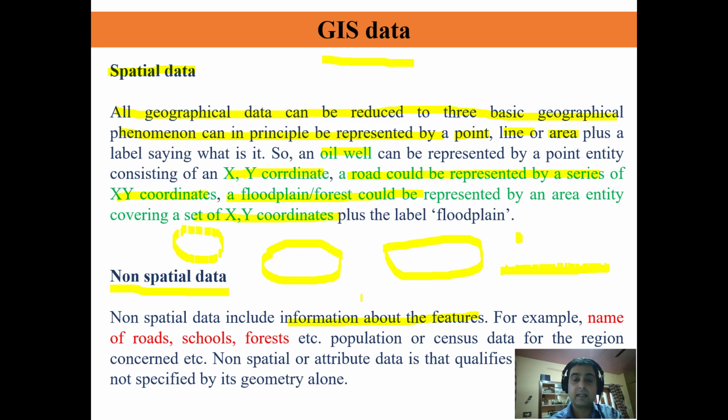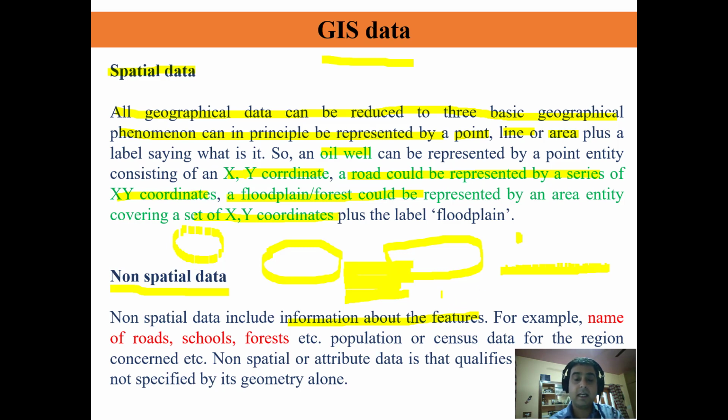Its non-spatial data can be what is the depth of the well, what is the circumference of the well, how much of the crude petroleum is taken out daily from this well, what is the annual production from this well, what are the different physical and chemical characteristics of the oil that is taken out of this well. And this was about point.